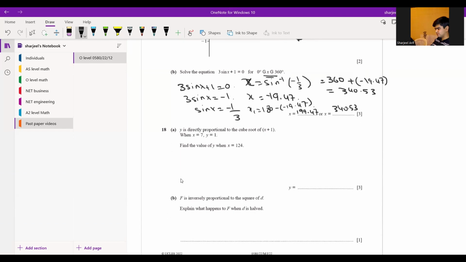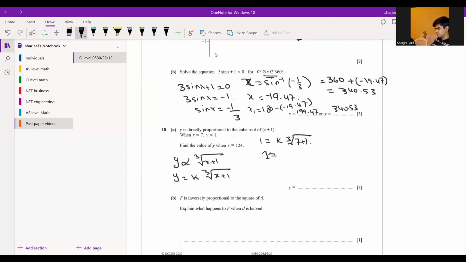Question number 18, we have y is directly proportional to the cube root of x plus 1. So when we write it in the equation, just write it with the constant k. It's directly proportional, so it will be in the numerator. When the value of y is 1, x was 7, you will write 7 here.